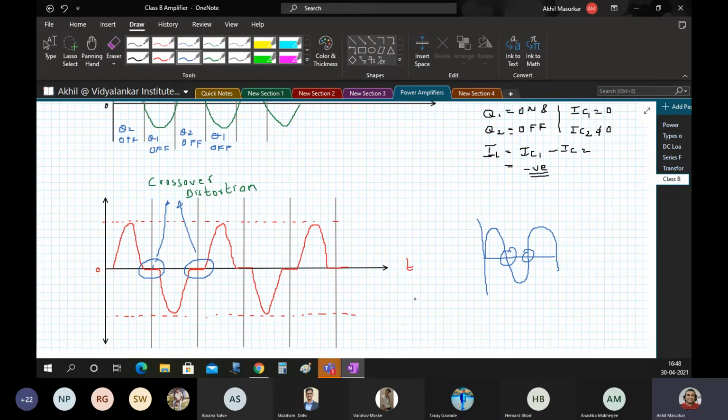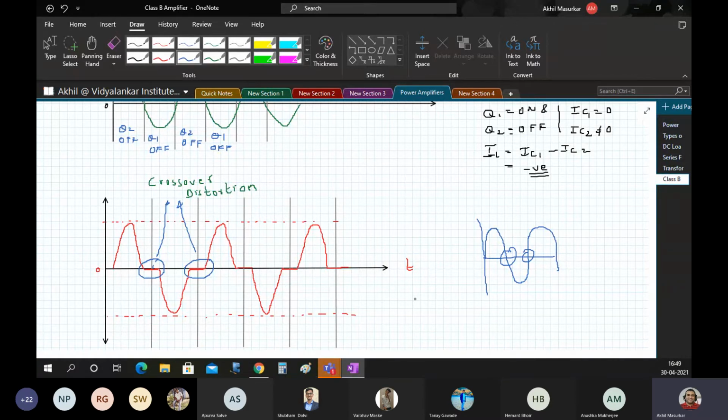This results from the fact that the circuit does not provide exact switching off of one transistor and switching on of the other at zero input.